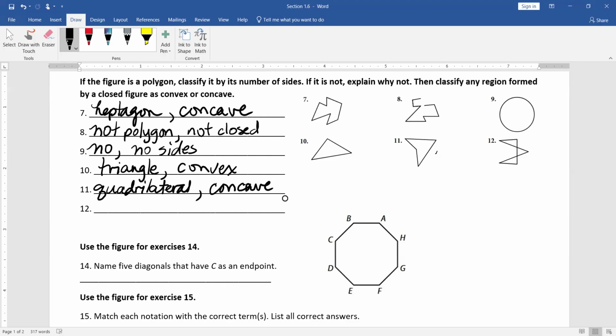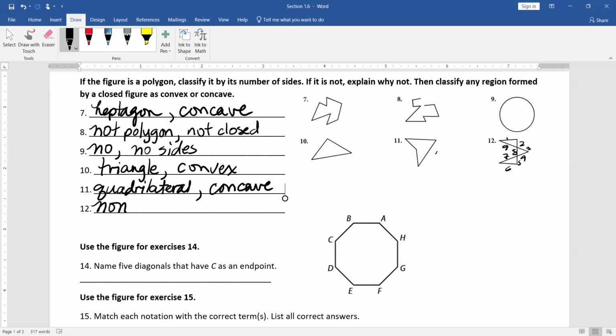And then number 12. I've got one here, one here, one here, 4, 5, 6, 7, 8, 9. 1, 2, 3, 4, 5, 6, 7, 8. Yeah, 9 sides. So a nonagon. Wait a minute.